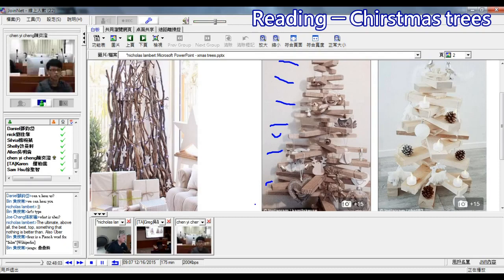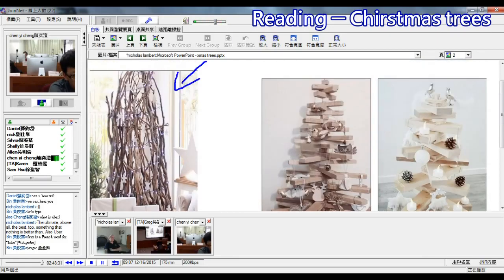Chen. Hello. Which of these three trees do you not like, and why? Maybe the left one.